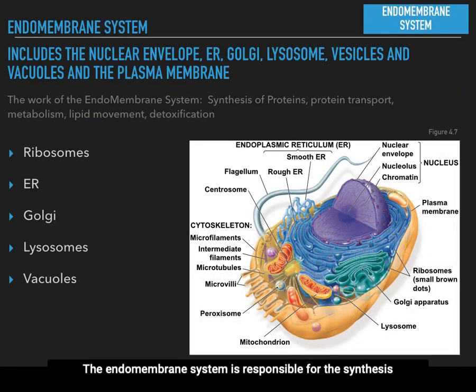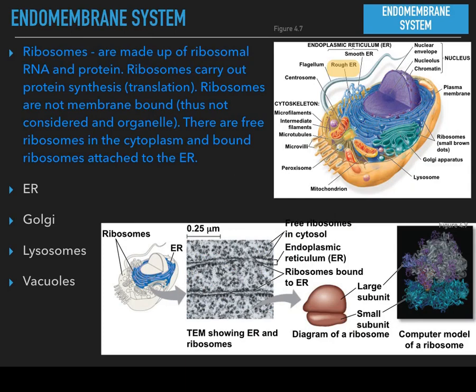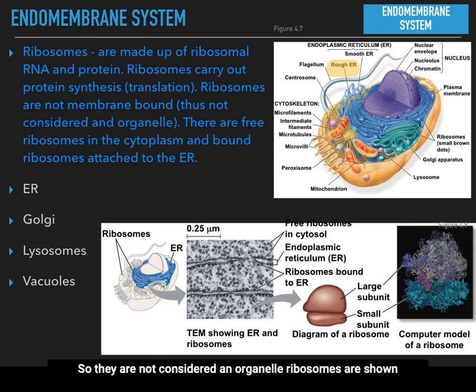The endomembrane system is responsible for the synthesis of protein in the ribosomes, protein transport, metabolism, and detoxification. The members of the system are the ribosomes, ER, Golgi, lysosomes, and vacuoles. Ribosomes are the site of translation. They are not membrane bound, so they are not considered an organelle.